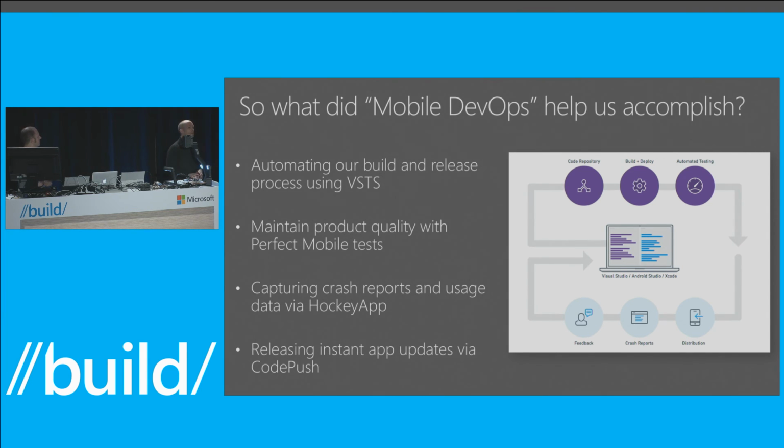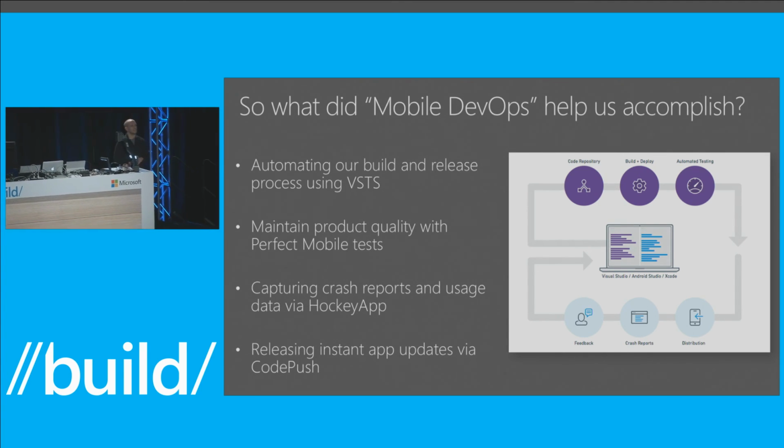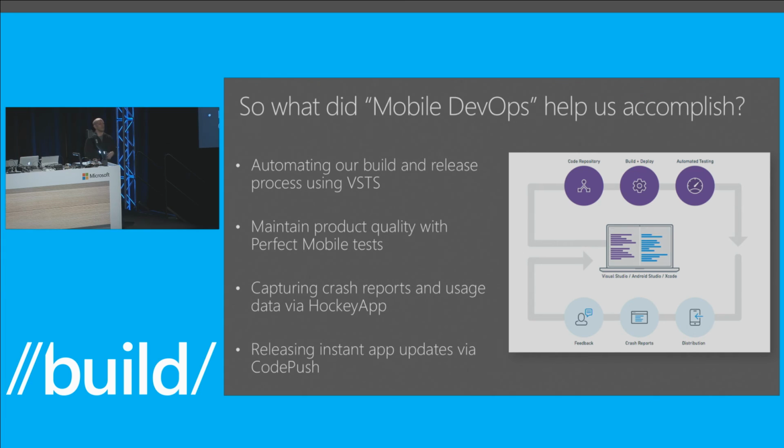And so when we look at the diagram on the right, we can see that what we did was, as Thomas was saying, we connected the loop between the developer and the end user. We used Visual Studio Team Services to automate our build and Perfecto Mobile to run our automated tests, right? That was the beginning of helping us make sure that we were continuously in a state of being releasable. We then used HockeyApp to distribute the app to testers, gather feedback, gather crash reporting.